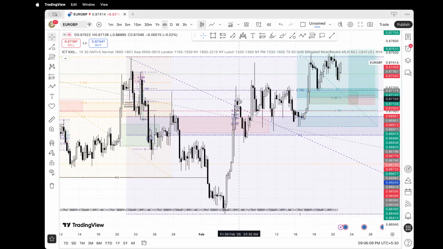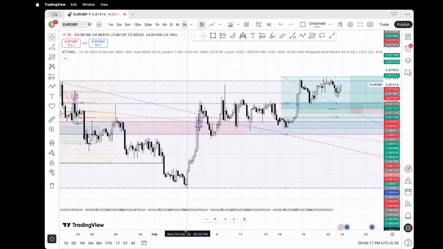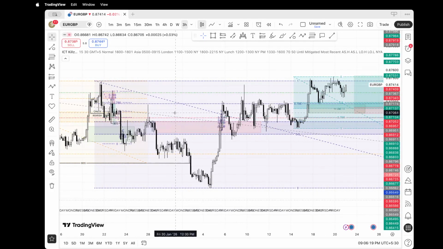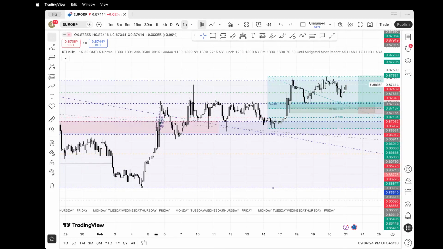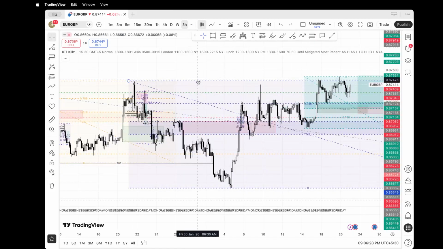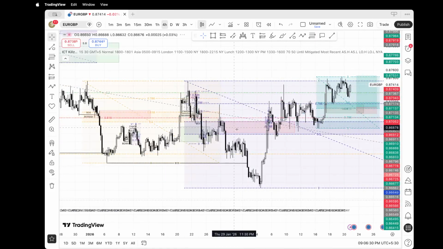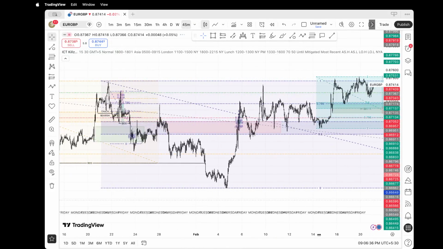So when it retraced through a good zone, I was in the directional bias. Okay, no issues, I was in the directional bias, but let's search for any order block. This is already mitigated and we don't have any good order blocks in here. 2 hour, let's see, 3 hour, maybe 4 hour. What is this? Is it 45 minutes?